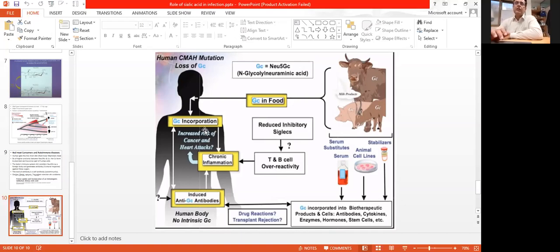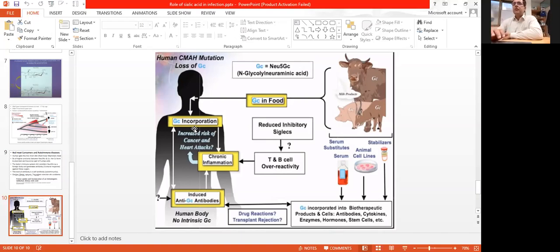So the T and B cells would also be activated. Humoral response would be activated, and the GC form would be targeted for elimination. And that elimination actually requires different lines of your defense system, including cell-mediated and humoral responses.